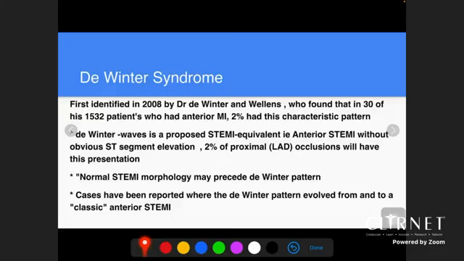It also indicates proximal LAD occlusion, and a normal ECG or normal ST elevation may precede the De Winter pattern. Cases have been reported where the De Winter pattern evolved from and to classic anterior STEMI. So it will either happen before STEMI or following STEMI.